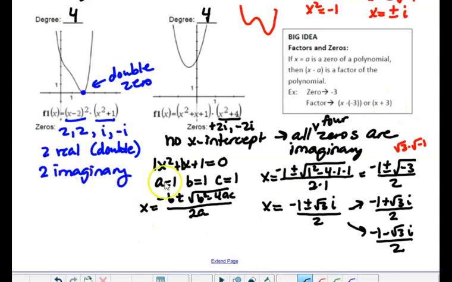So for example, this second to the last example could be written as x minus 2 times x minus 2 times x minus i times x plus i. That would take each one of these zeros and turn it into a factor. x minus i times x plus i, if I multiply this together, gives me x squared plus 1.